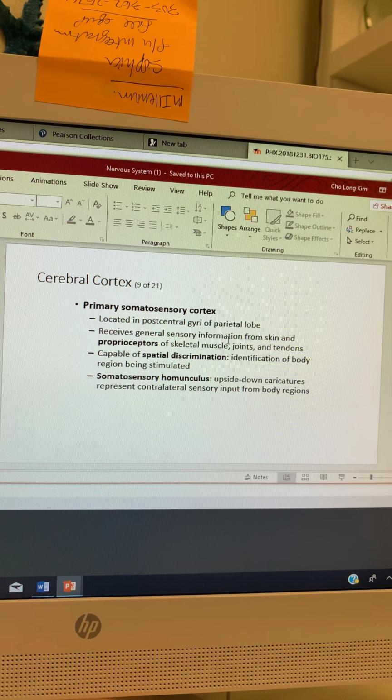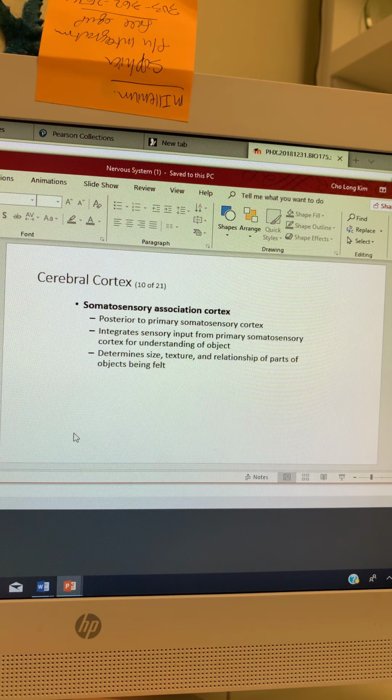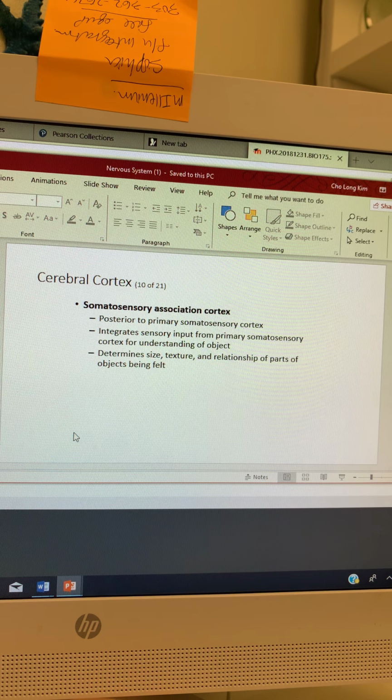Proprioception of those tissues is preventative against injury or being stretched too far. It's capable of spatial discrimination, which is the identification of a body region being stimulated. And the somatosensory homunculus is, once again, the upside down representation of input from body regions. We talked about that already.